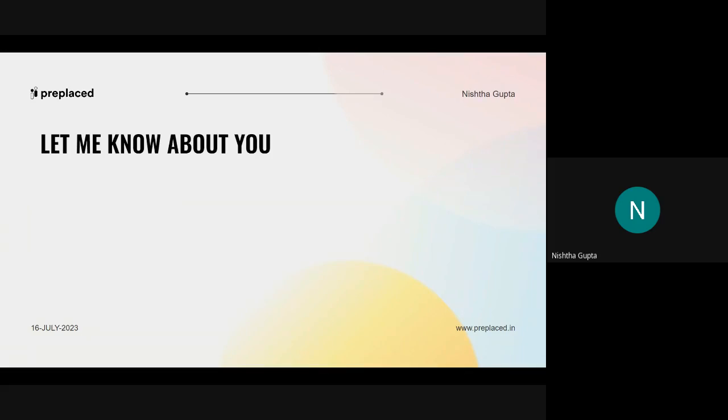All of those who are not able to see the poll directly on your screen, you can see one icon of a triangle, circle, and square on the lower right side. You can click on that icon and click on the poll. You will be able to see the poll.